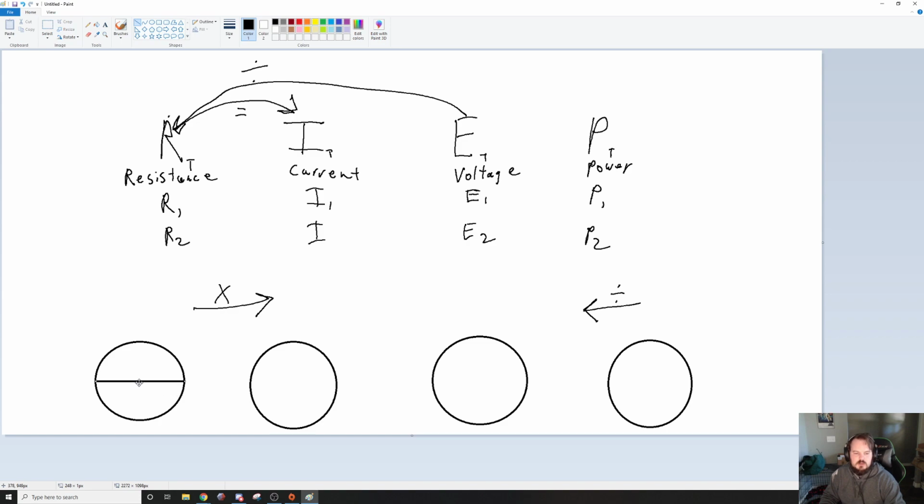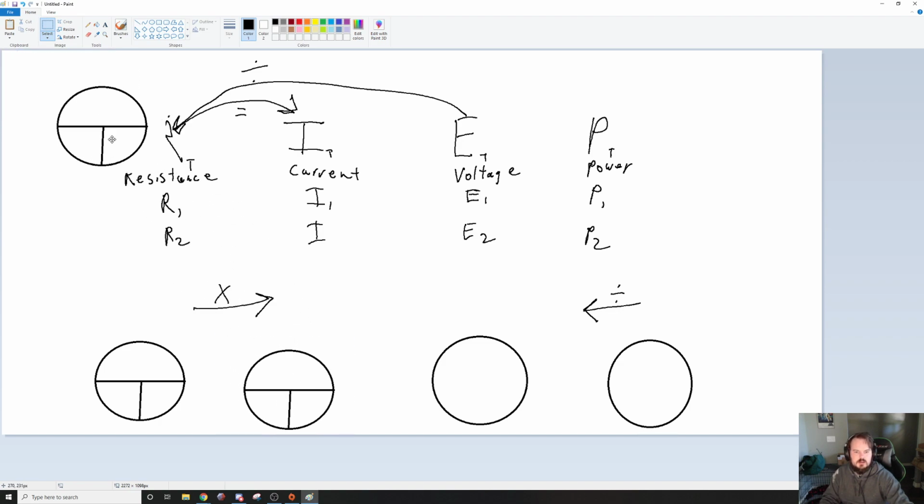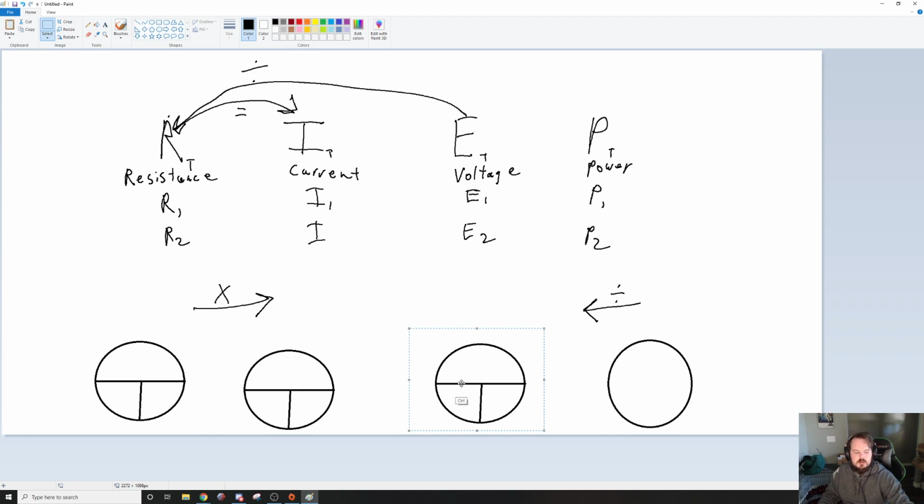You know what I should do is just select, Control C, Control V, Control V, Control V. That's so much faster than drawing it 4 times.